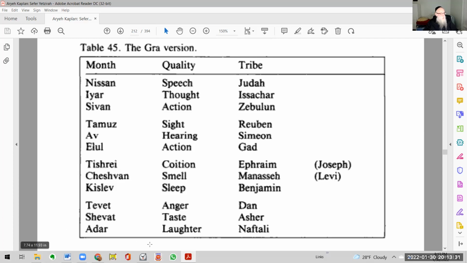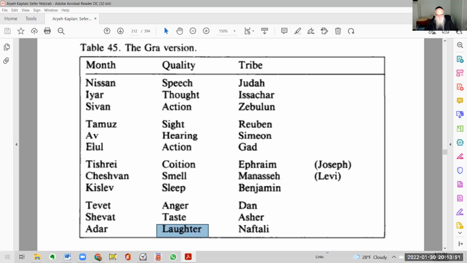And the reason for that is because the chush, the talent or the capacity of Adar, is the capacity of laughter.